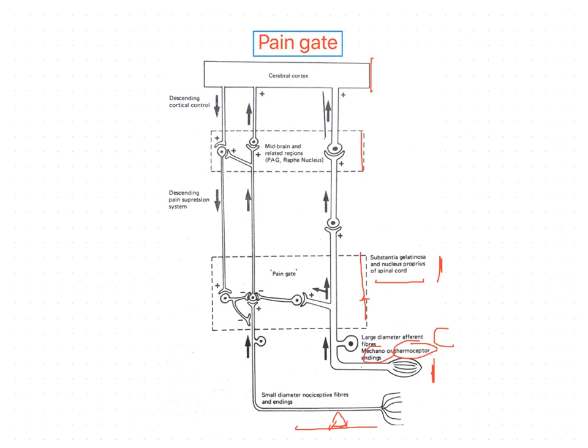These form a synapse at the level of the spinal cord, which stops the traffic of the nociceptive impulses, and the impulses carried by the mechanoreceptors and thermoreceptors take over to the higher levels.